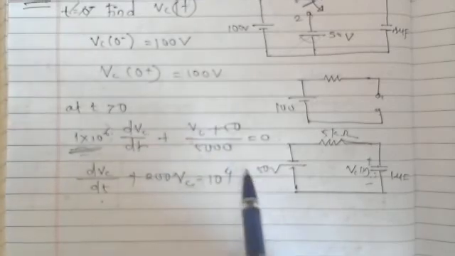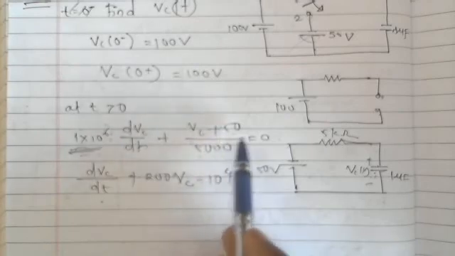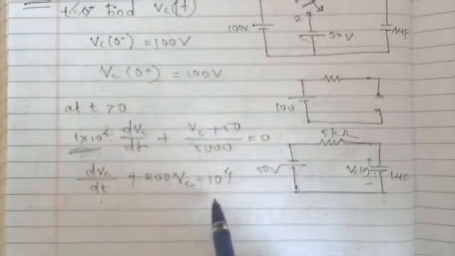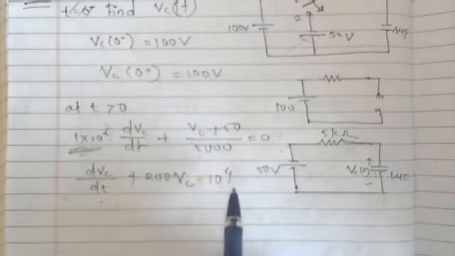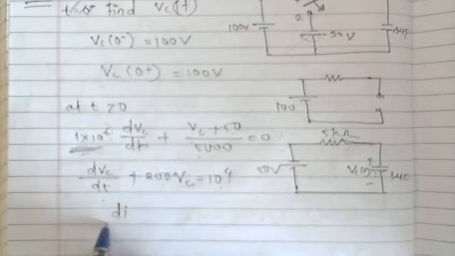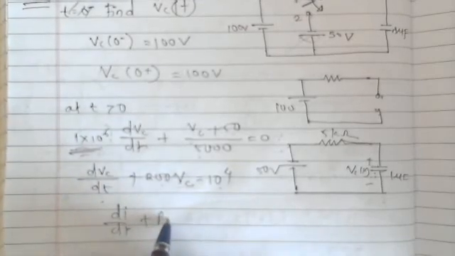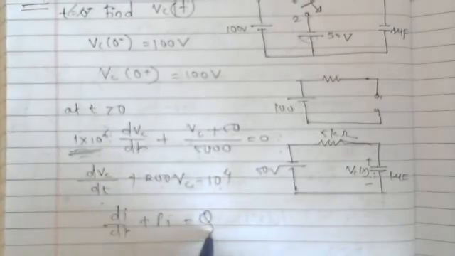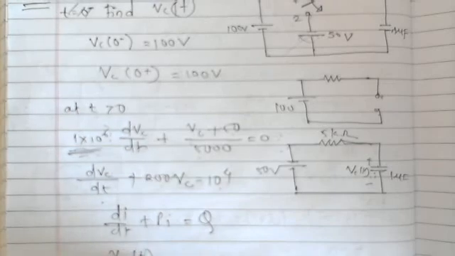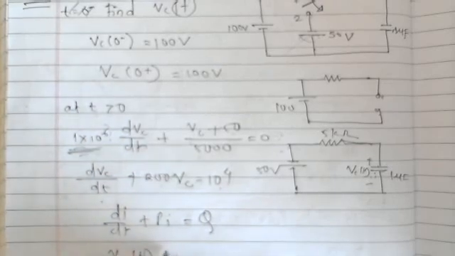When you divide the right hand side, it is 50 upon 5000, or I can say 5 by 500, and then it becomes this particular term. Now you can see this equation resembles dy by dx plus Py equal to Q. So I can write Vc of t equal to Q by P, as per the standard equation.